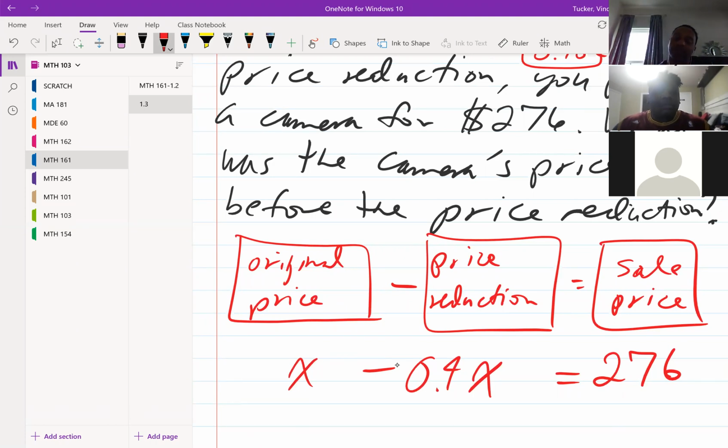A lot of people make a mistake here and they apply that 0.4 times the 276, but you cannot take the price reduction off of the sales price because the sales price didn't exist initially. You had the original price, then you take the 40% off of the original price and then do your subtraction. So before we do the calculation, any questions on the setup?